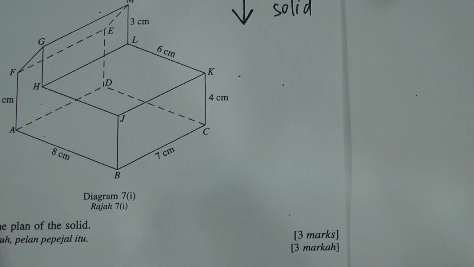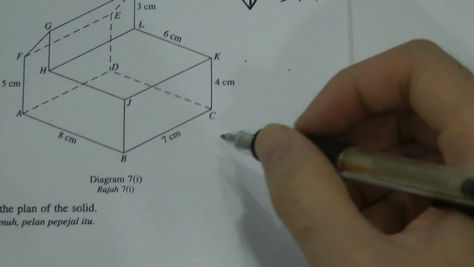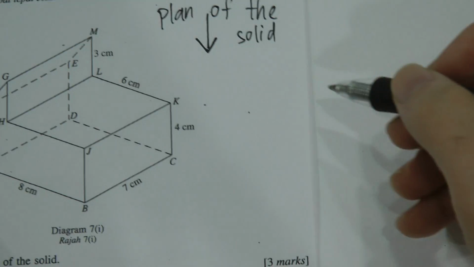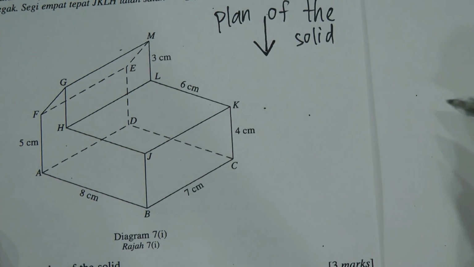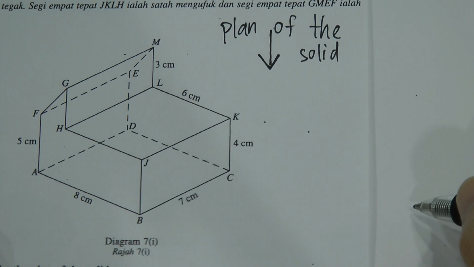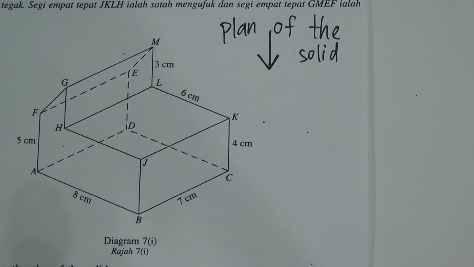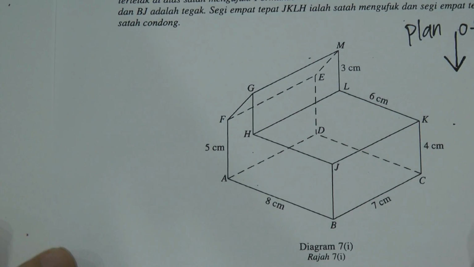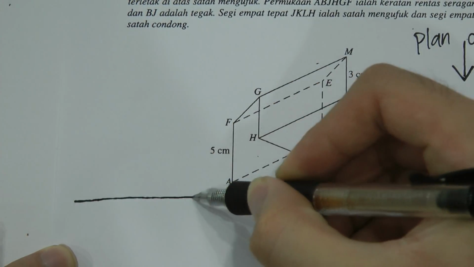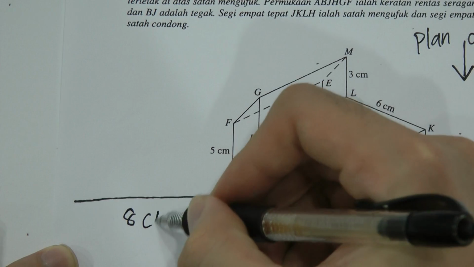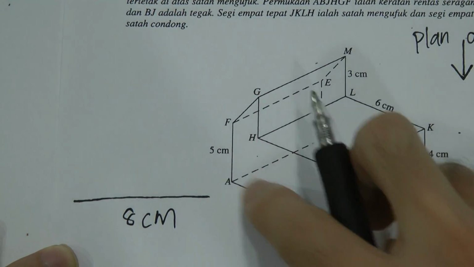When I look from the top, I will see X centimeter here. Where should I draw? I draw somewhere here, it's better. I will see 8 centimeter here, and then this one is this line.